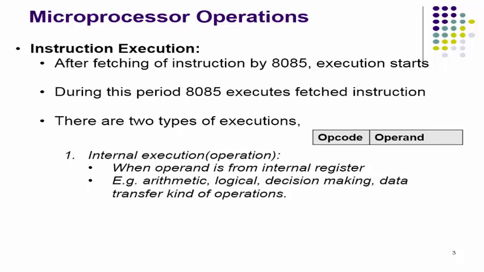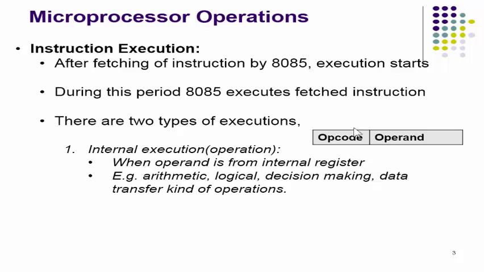The typical instruction format we have already discussed consists of the opcode and operand. The opcode field gives the information about the opcode of the instruction, and in the operand field you will find a register, 16-bit or 8-bit data, or a 16-bit or 8-bit address. In internal execution, the operand is from an internal register.